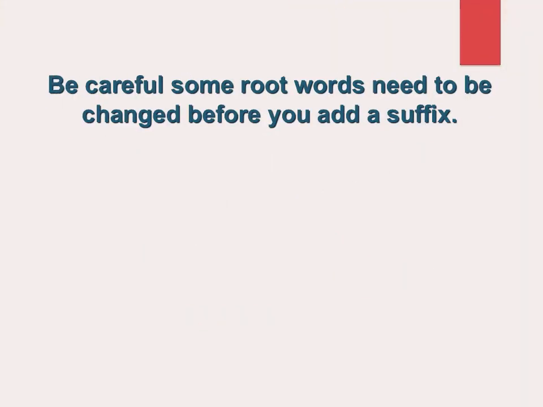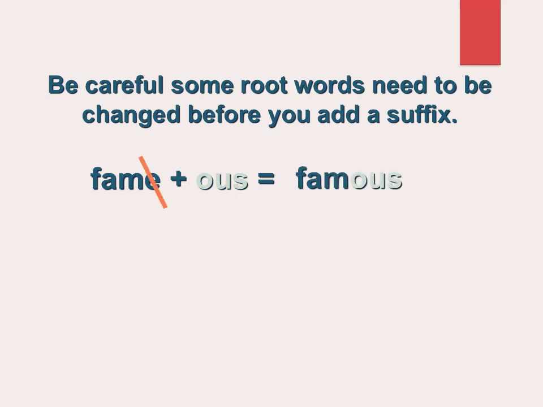But you have to be very careful because some root words need to be changed before you add a suffix. So let's analyze some examples of word formation. For example, the adjective famous. We form it through the noun fame plus the suffix ous. So in this case, the e is dropped.